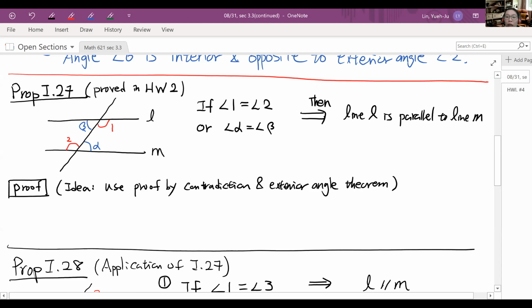If you have two lines, L and M, and a transversal crossing these two lines, and if these two angles are equal, for example, either angle 1 equals angle 2, or alpha equals beta, this pair is what we call the alternate interior angles.